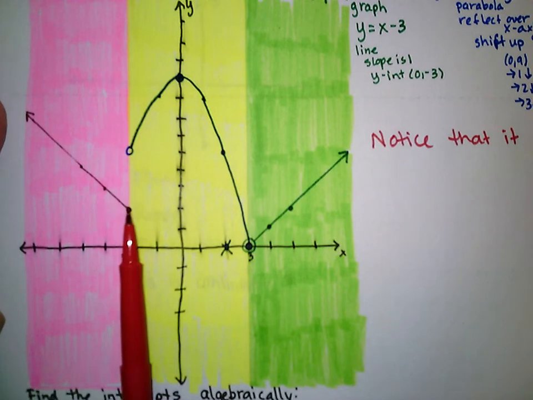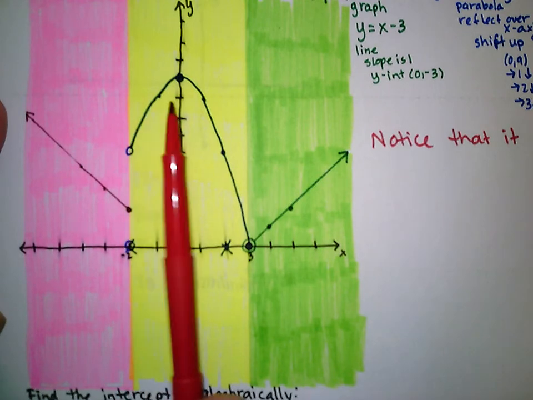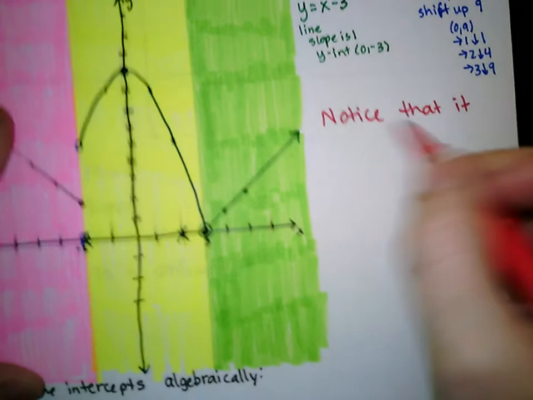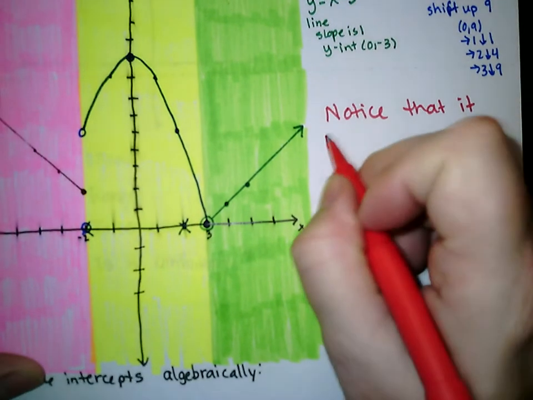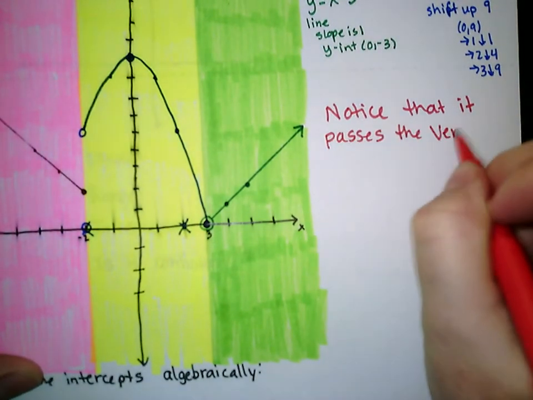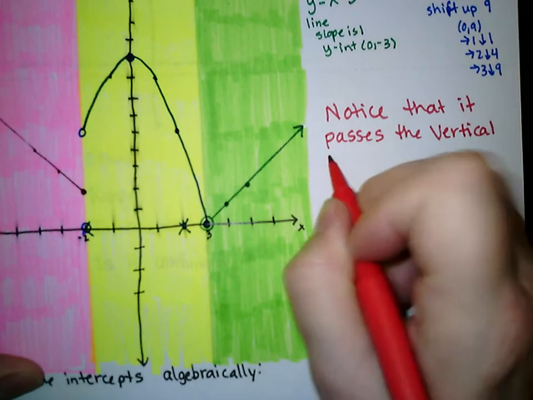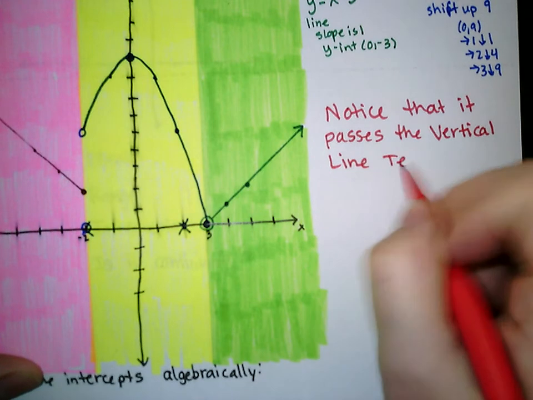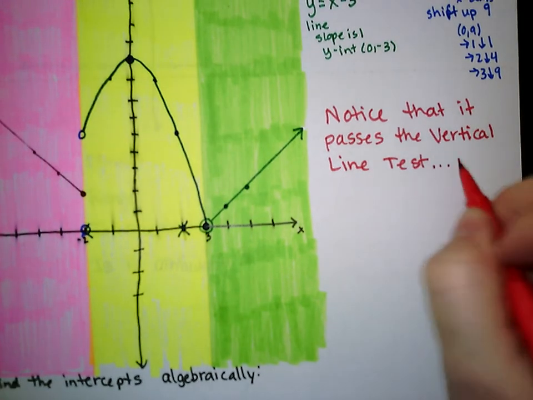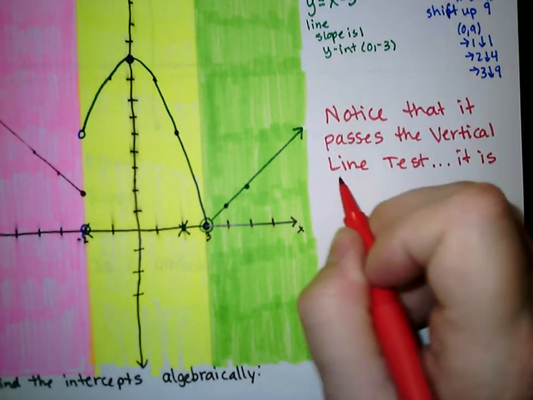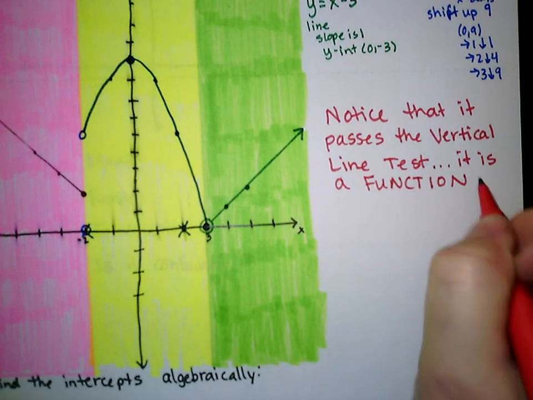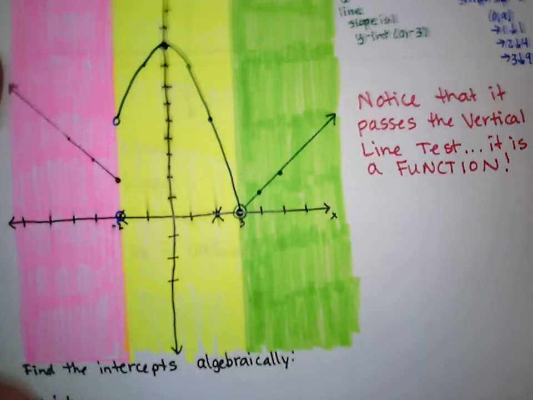See, I have a closed circle here, but an open circle here. Nowhere on here does it cross that vertical line twice. So notice that it passes the vertical line test. If your graph does not pass the vertical line test, something is wrong with your piecewise defined function. So be thinking about that.